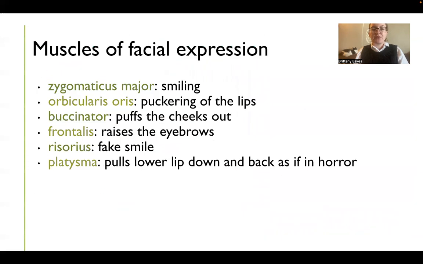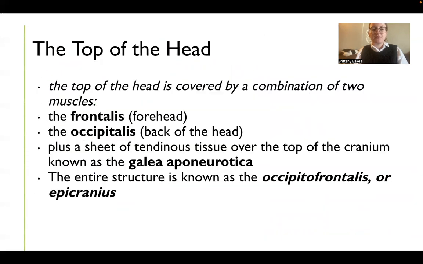Let's start with the top of the head. We'll cover the head and neck today. So the top of the head is covered by a combination of 2 muscles, the frontalis, which is in the forehead region, and the occipitalis, which is the back of the head, and then a sheet of tendinous tissue over the top of the cranium known as the galea aponeurotica.